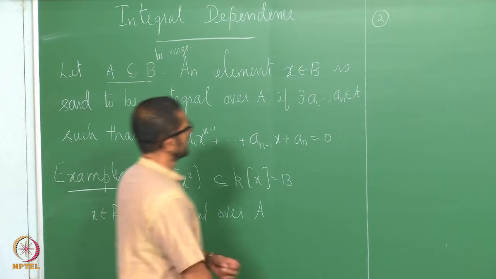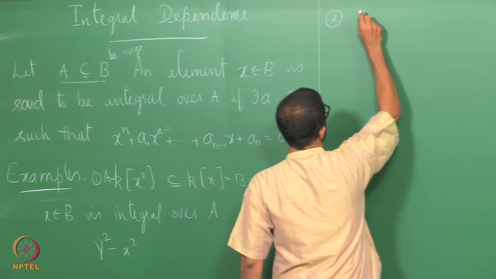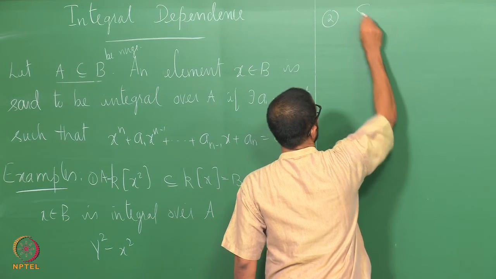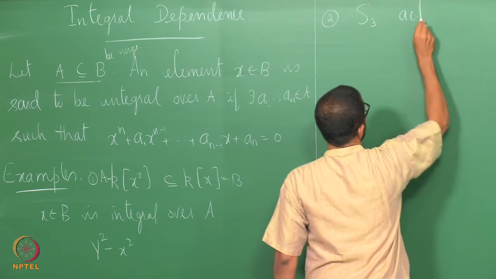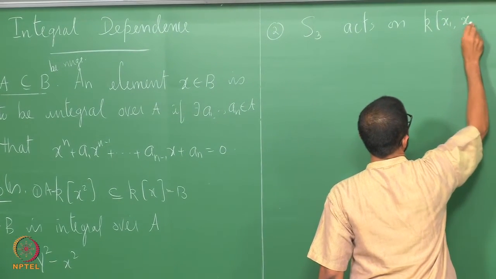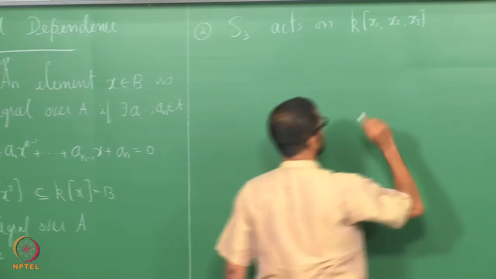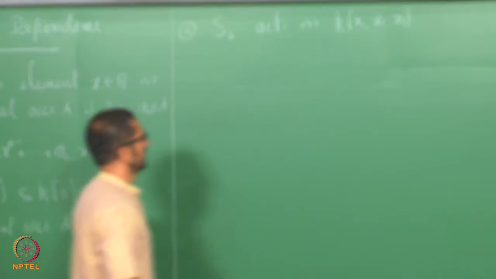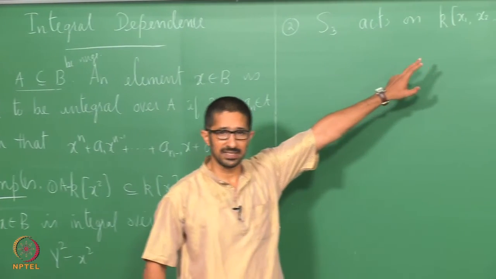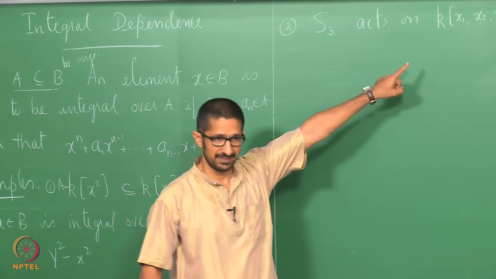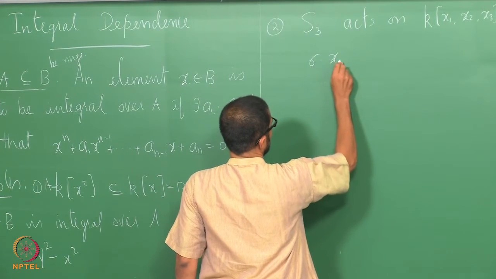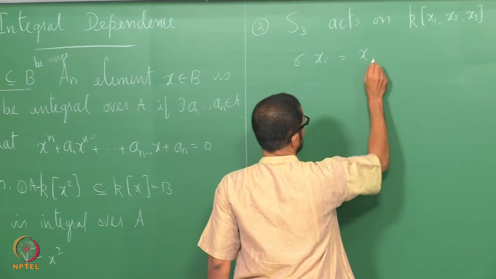Okay. So, you must have seen in your algebra course that S3 acts on k[x1, x2, x3]. How does this S3 act on this ring? So sigma of xi is x sigma(i).